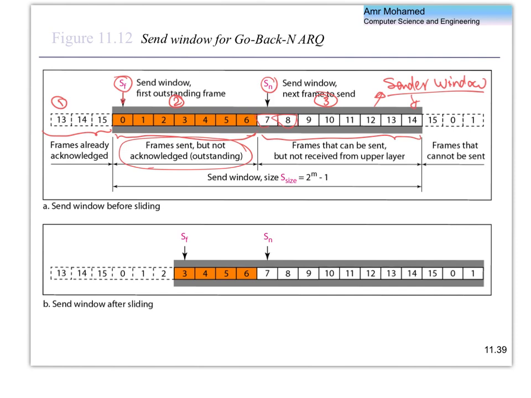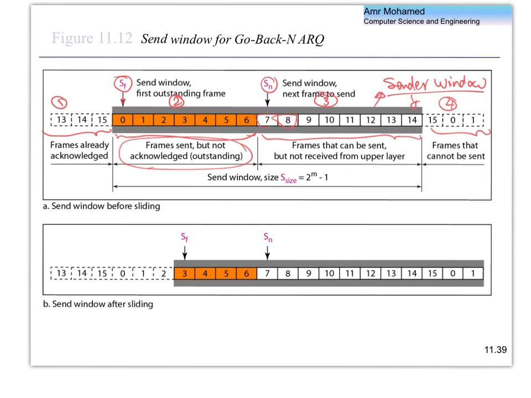The other frames I did not send yet, but I can send if I want. And category number 4 contains all the frames that I cannot send, I cannot even send because they are outside the window. So this is how the sender window divides the socket buffer into 4 different areas or categories of frames.